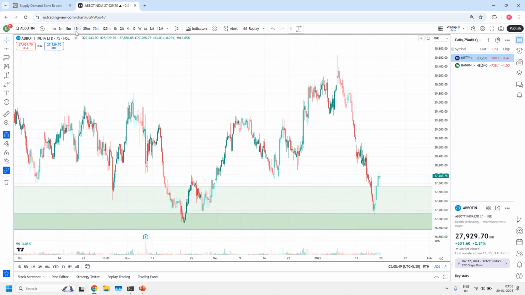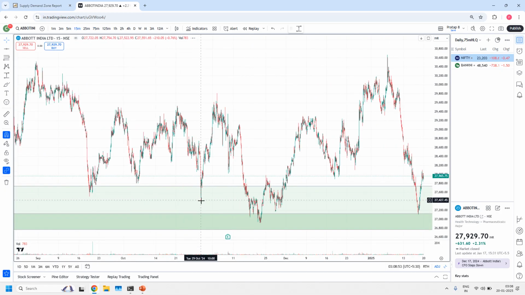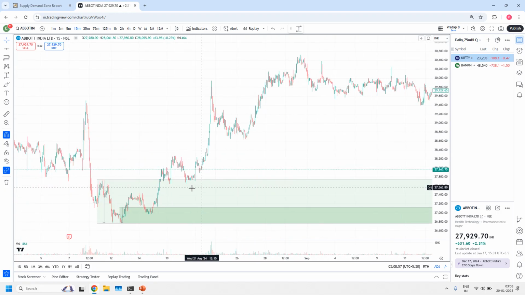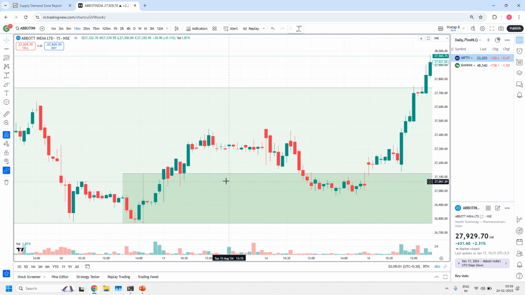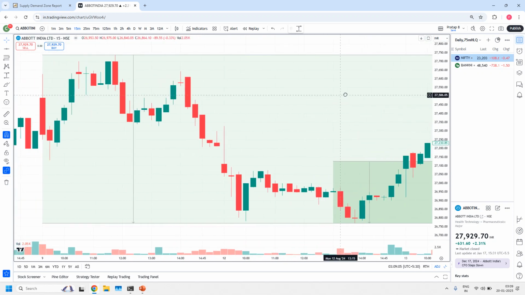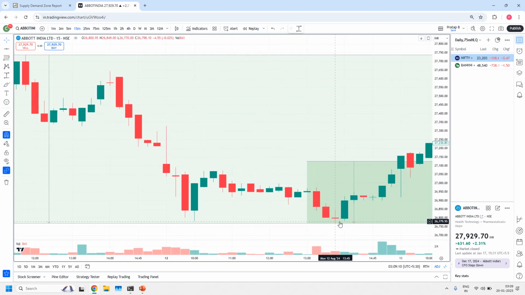Okay, now let's go to the 15 minutes time frame. Let's verify in the 15 minutes time frame whether any order flows are here. So here you have a drop, base, rally.